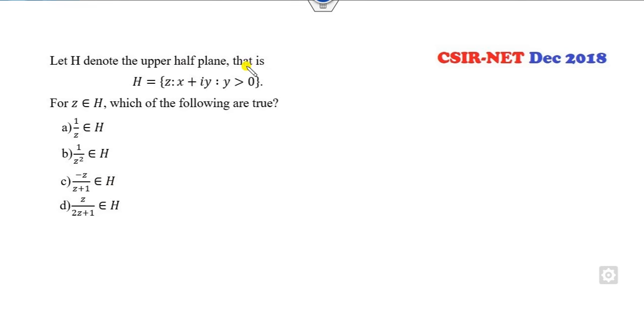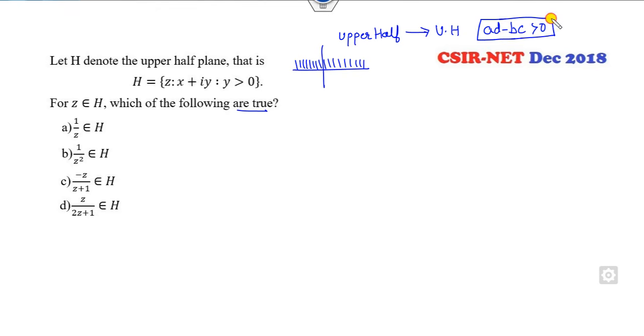Okay, let H be the upper half plane. Draw it graphically again. Y is positive. Fine. Then which of the following are true? Which of the following belongs to this? Now look at that. This is the upper half. So when will it be mapped to the upper half? When AD minus BC is positive.